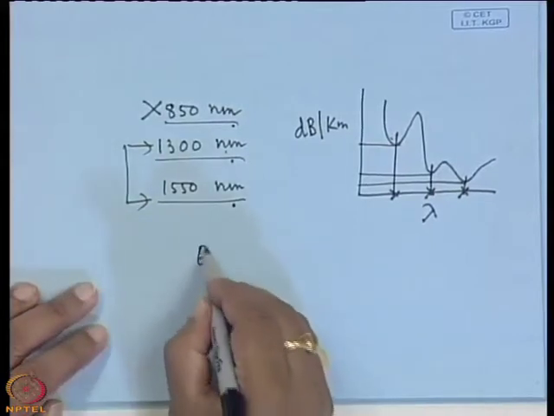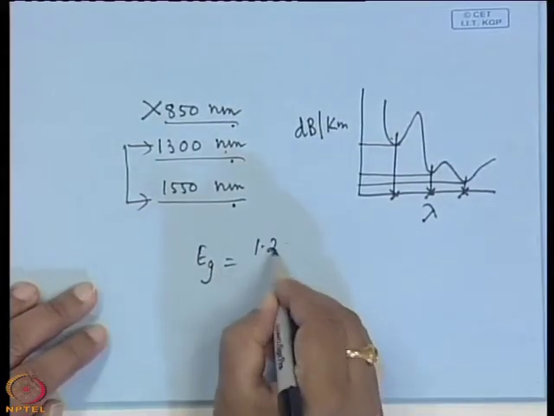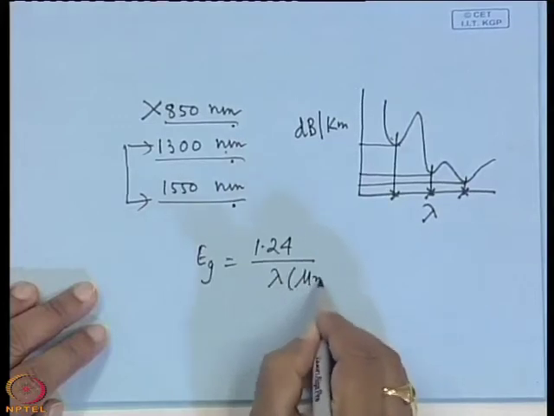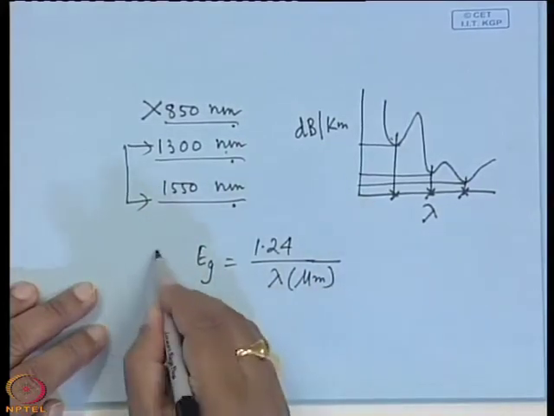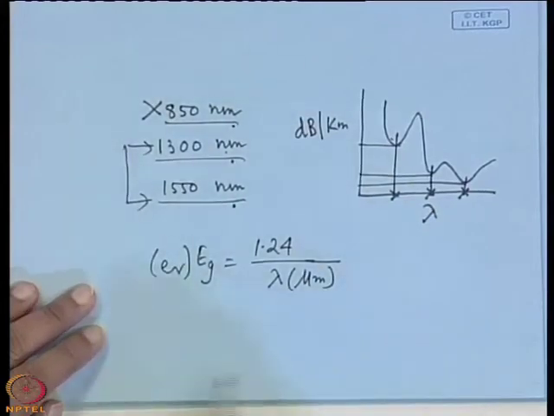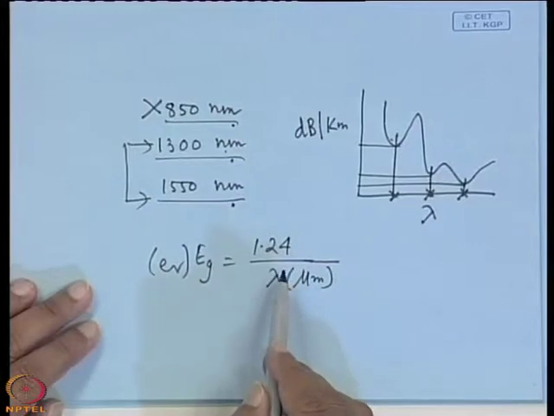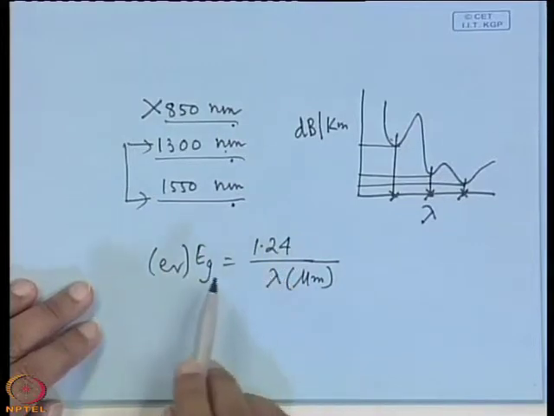That means the band gap Eg in eV must be 1.24 by lambda in micron. If you put 1300 or 1550 here, you will get some value which is not available for any kind of semiconductors we have discussed till date.